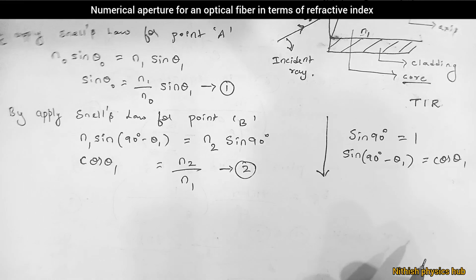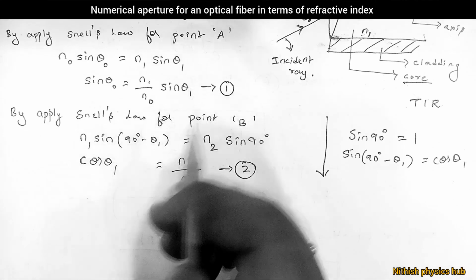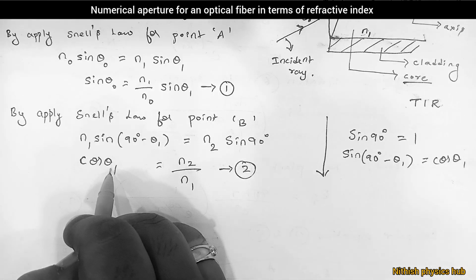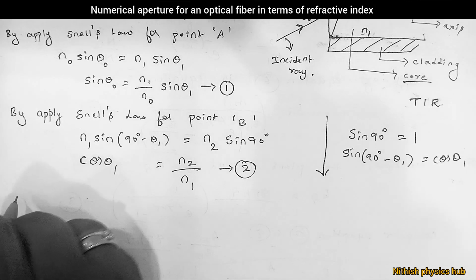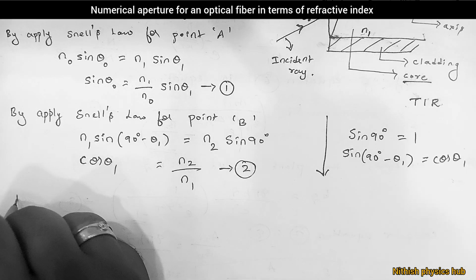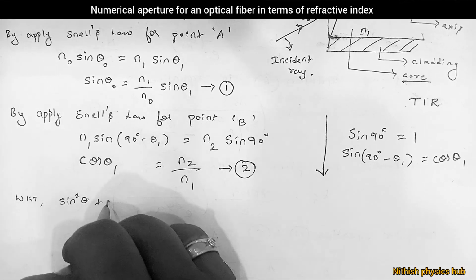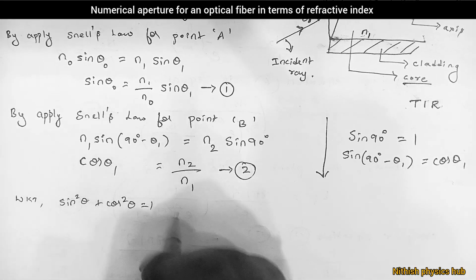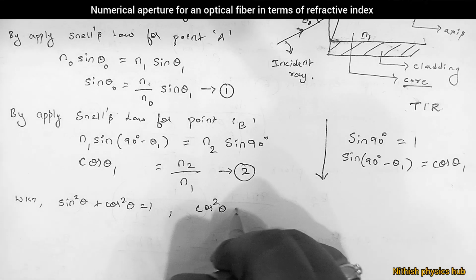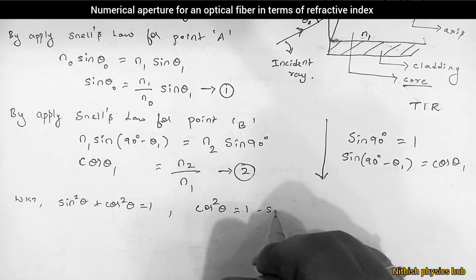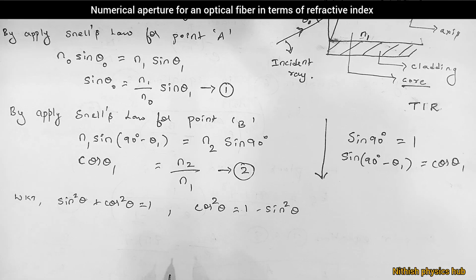Right? Now here there is a sine theta 1 in equation 1, and here I have a cos theta 1 value. So I want to change this value. What will I do? I will use a basic trigonometry formula. We know that sine square theta plus cos square theta is equal to 1. So I will rewrite this as cos square theta is equal to 1 minus sine square theta. Right?